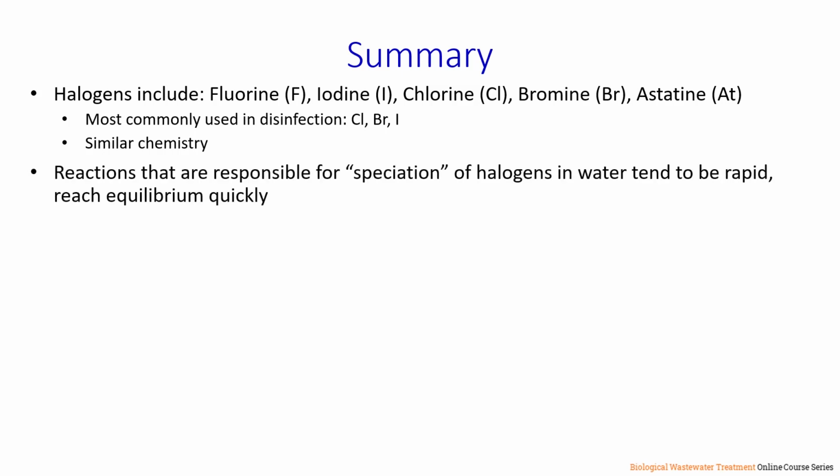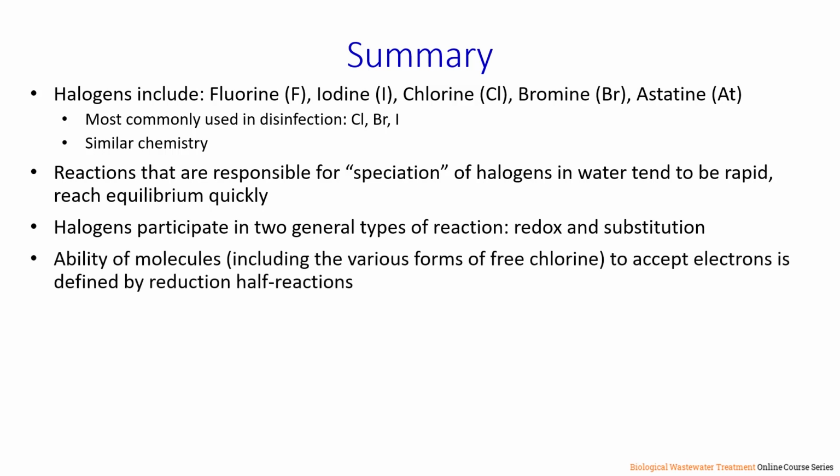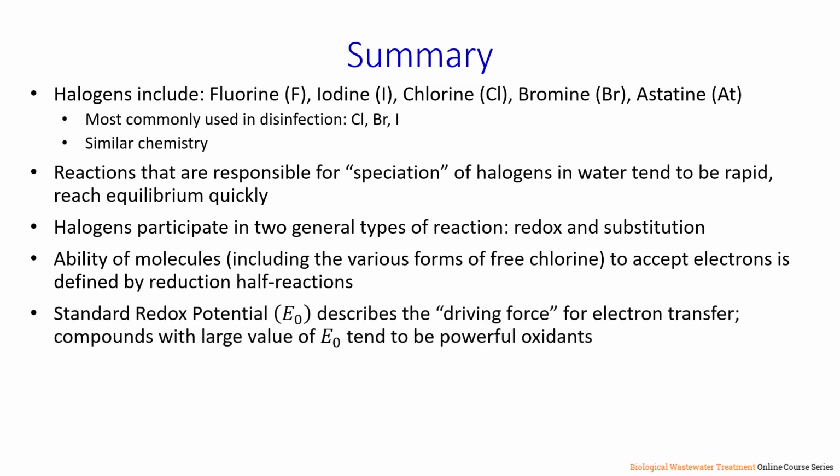The reactions that are responsible for speciation, or more formally distribution, of halogens in water tend to be rapid, and they reach equilibrium quickly. The halogens participate in 2 general types of reactions, redox reactions and substitution reactions, and the ability of molecules, including the various forms of halogens and free chlorine, to accept electrons is defined by these reduction half reactions and their standard redox potential, which describes the driving force for electron transfer.